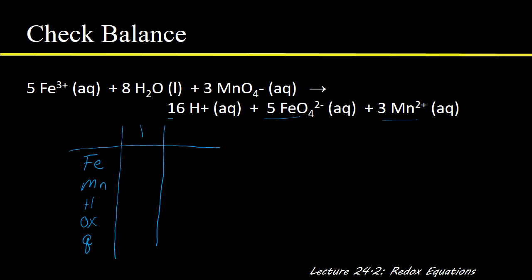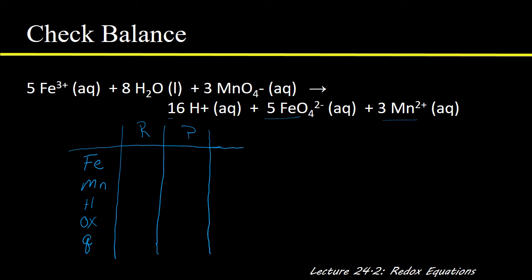Now I'm going to look at the reactant side and the product side. And again, the numbers here are kind of big. So even though we're all grown-ups, the numbers are big enough that it can be easy to make mistakes. So we want to be really careful here.